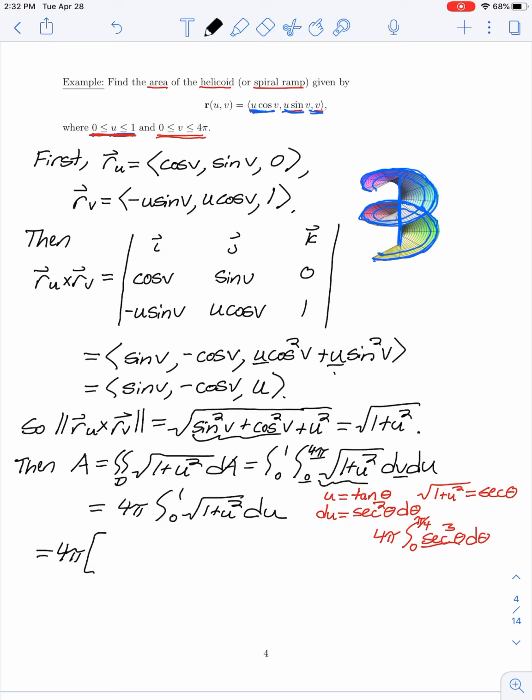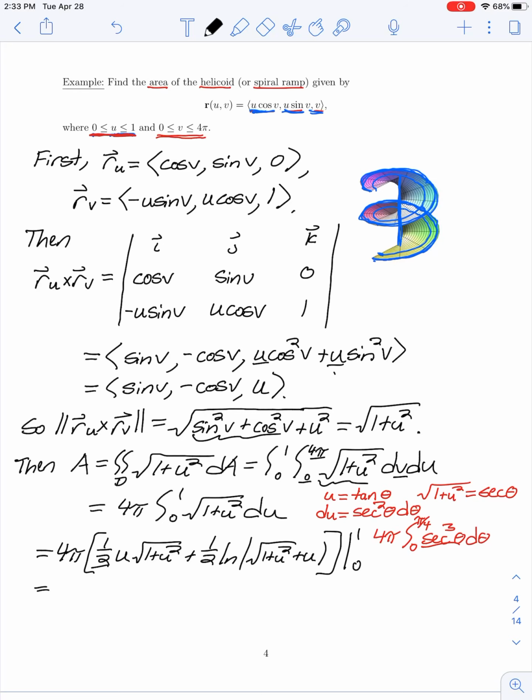So we have 4 pi times an antiderivative in terms of u of 1/2 u times the square root of 1 plus u squared plus 1/2 of the natural log of the absolute value of the square root of 1 plus u squared plus u. And we're evaluating with respect to u from 0 to 1. Let's see what we get here.